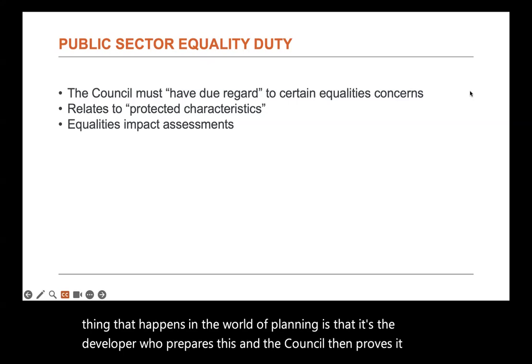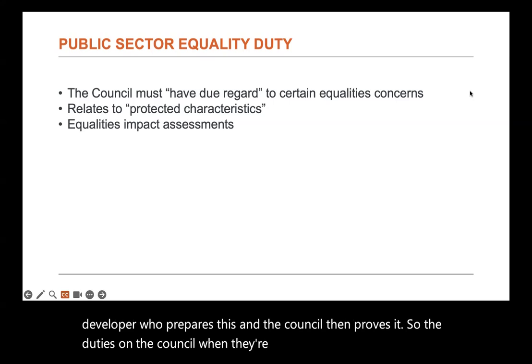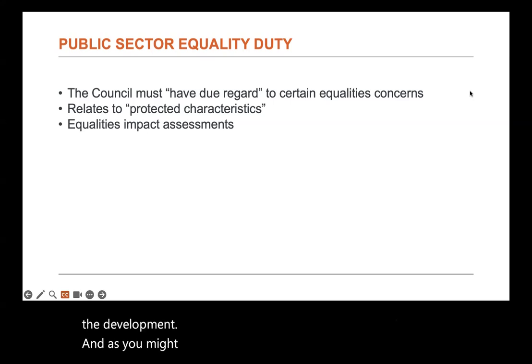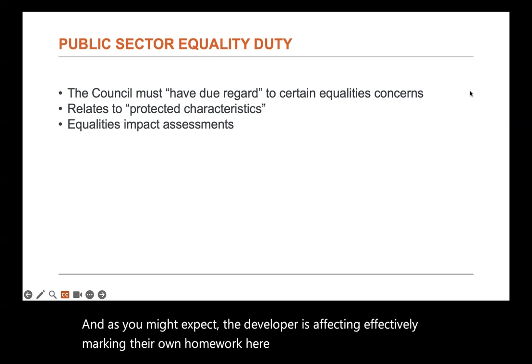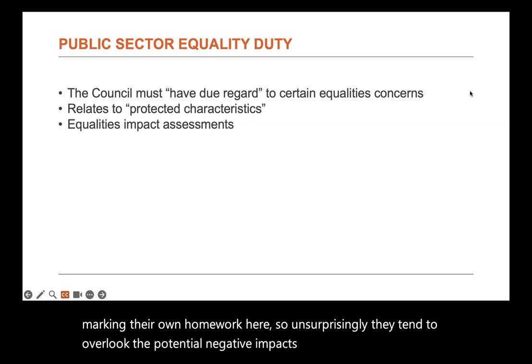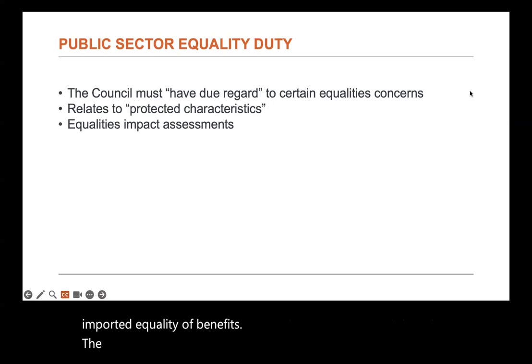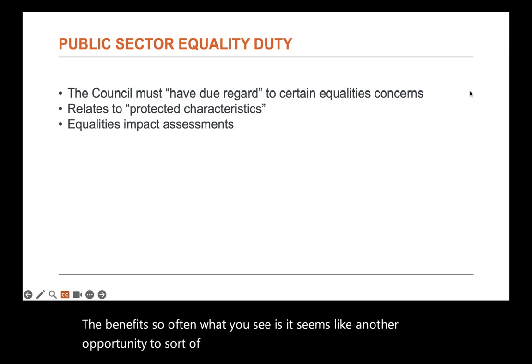So the duty is on the council when they're making their decision to comply with this duty, but they rely on the impact assessment prepared by the developer. And, as you might expect, the developer is effectively marking their own homework here. So unsurprisingly, they tend to overlook the potential negative impacts and focus on the purported equalities benefits. Often it seems like another opportunity to sell the scheme.